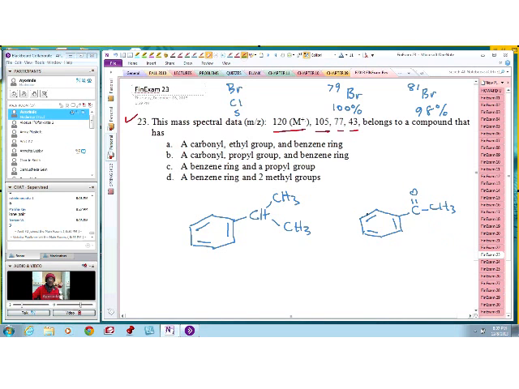Supposing I have this, bromine is here. Since mass spectrometry actually looks at molecules, not an aggregate of molecules, it looks at specific molecules. So we are going to have a molecule that has bromine 79 here, and then we are going to also have another molecule that has bromine 81.